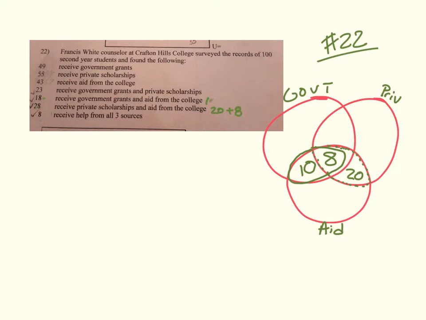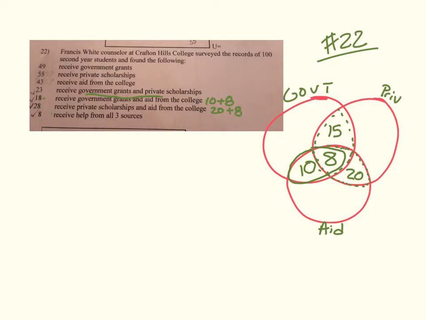So we'd have 10 plus 8 to give us an 18. And lastly, receiving government grants and private scholarships with a total of 23, we're looking at this region. If that entire thing needs to be 23, then this would have to be a 15.